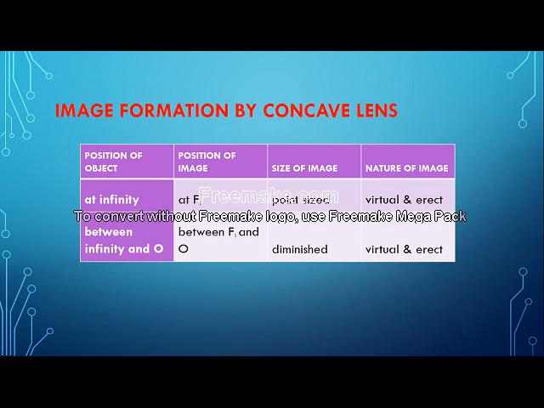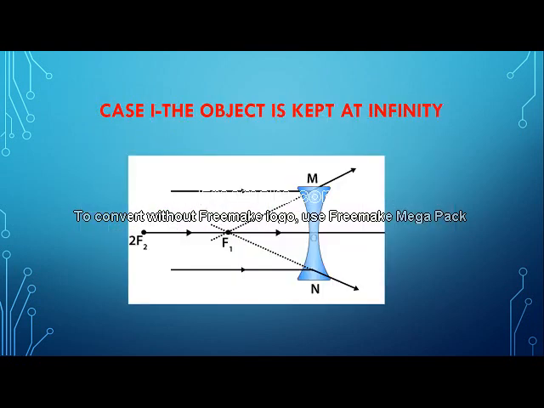Okay, let us understand what happens in a concave lens. Here, children, the object is kept at infinity. The 2 incident rays pass through the concave lens, and you know children, concave lenses are diverging lenses.